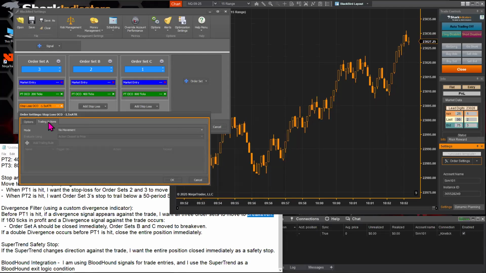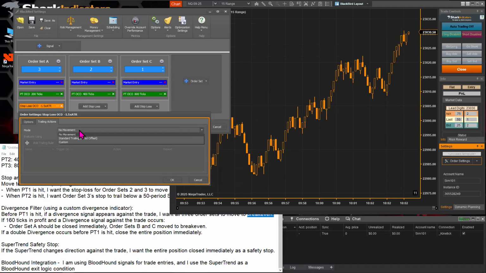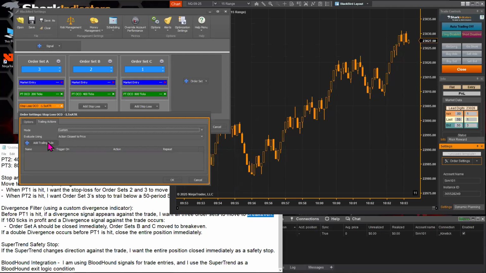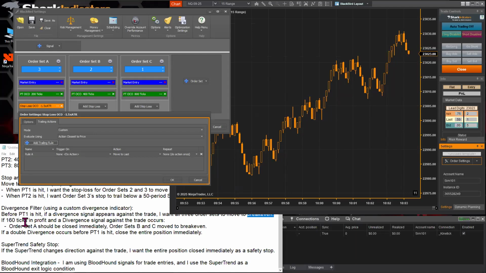So we have the trailing actions tab here switched over. So let's enable the trailing actions there. And let's add our first trailing roll. And let's see here, what should we call this?